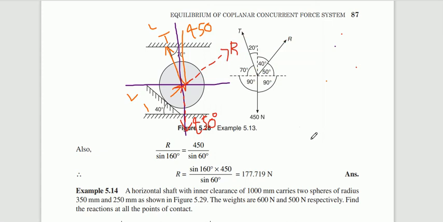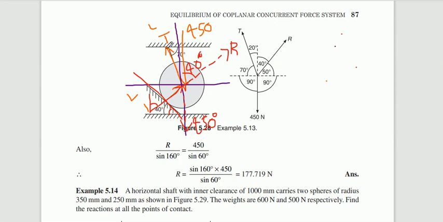With respect to the y-axis. Because this is a plane which is making an angle of 40 degree with respect to the x-axis, our reaction, drawn perpendicular to that plane, makes the same 40 degree angle with respect to the y-axis. So therefore, you can write this is 40 degree.